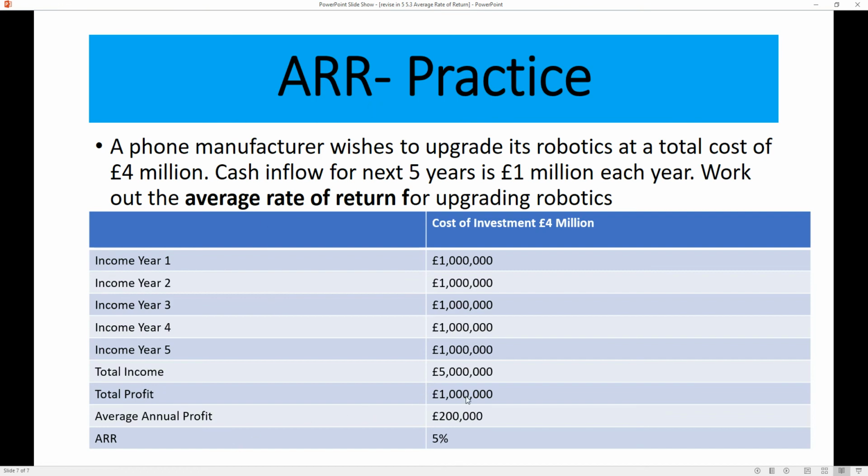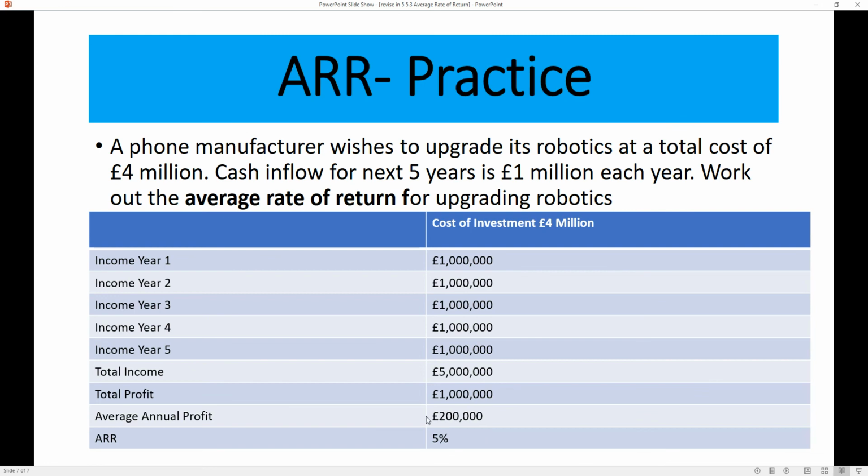So that 1 million needs to be divided by the amount of years it takes to get that profit. That's 5, so 1 million divided by 5 is going to give you 200,000. So each year, this phone manufacturer makes £200,000 profit from investing in the new robotics. That's your average annual profit.